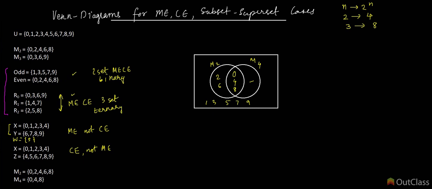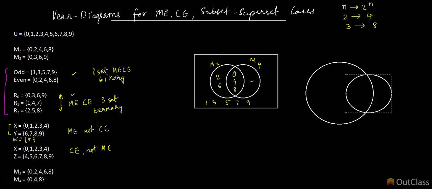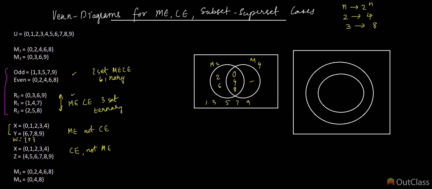So the idea is basically you have your M2, which is a larger set. You have your M4, which is a smaller set. This is your general two-set Venn diagram. But this portion right here is empty, so there's no need to draw that outside. So you move that circle inside and you keep it like this, and then you have your universal set, and you have M4: 0, 4, 8.